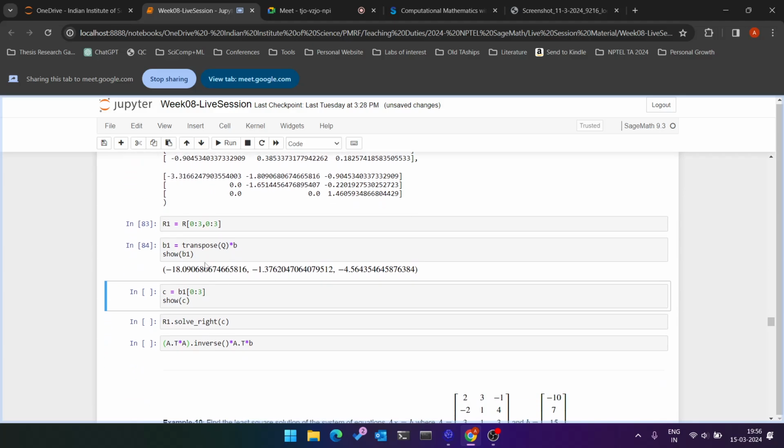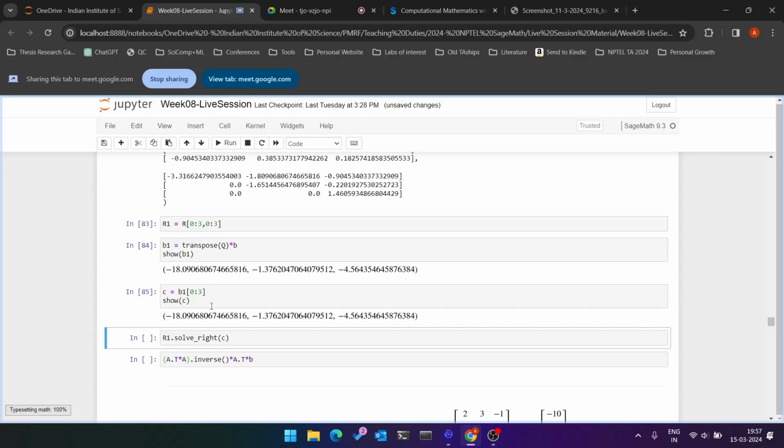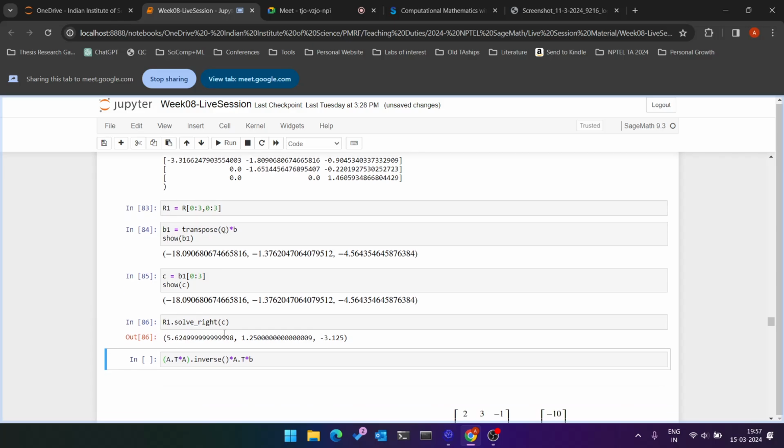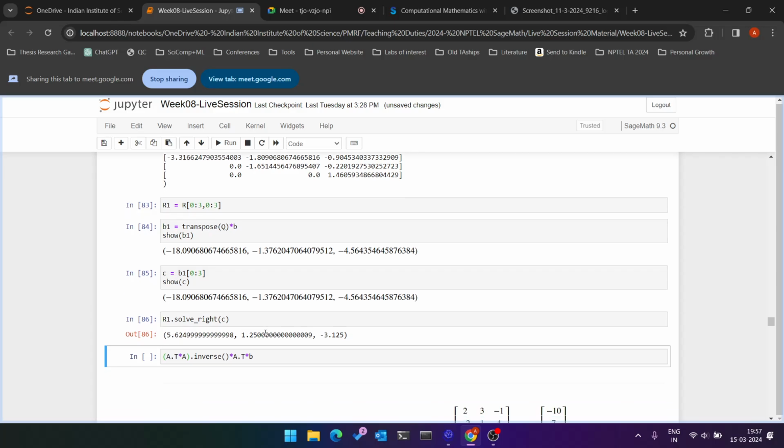So my Rx equals B1, and then I use that to solve for x, which is basically R inverse B1. If I do that, I get my answer to be 5.625, 1.25, and minus 3.125.